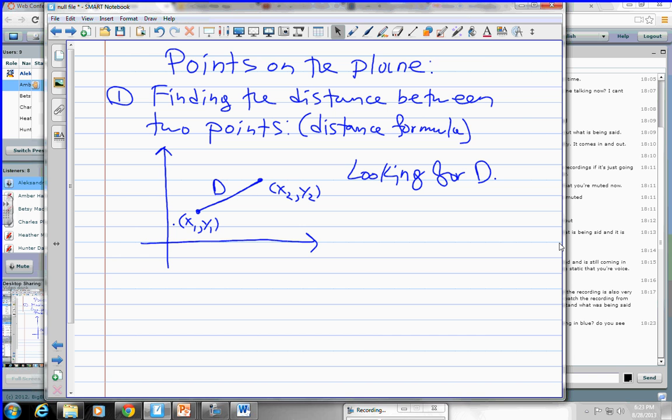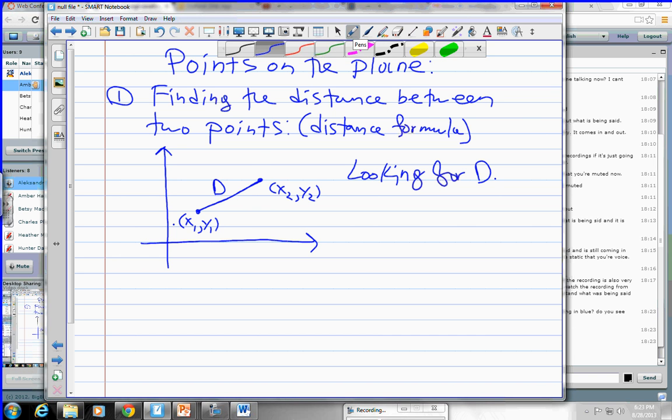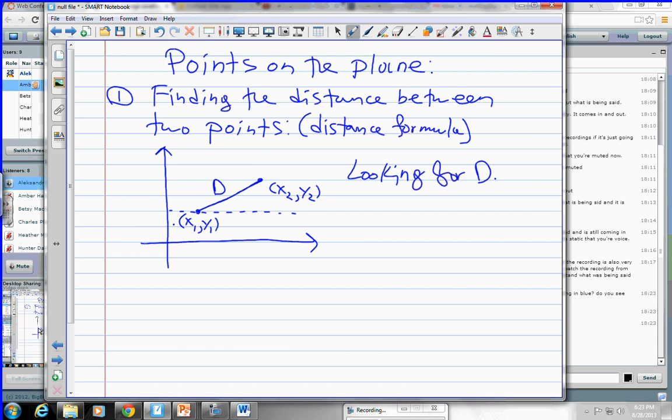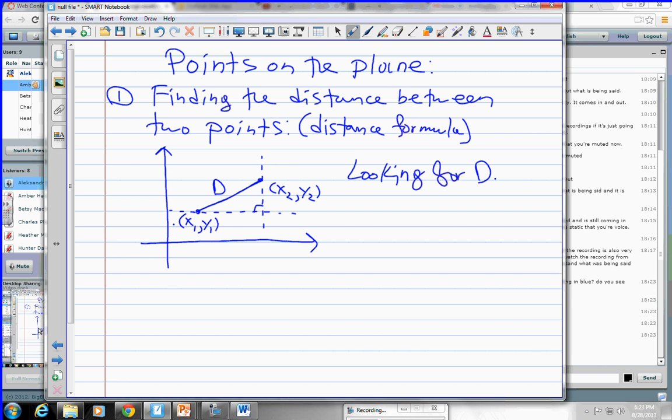We're going to utilize the Pythagorean theorem here because I can actually think of this as a little triangle, and it is a right triangle. We know the Pythagorean theorem states that if I take one side squared plus another side squared, I'll get the square of the hypotenuse. So all I need to know really is the length of this side and the length of that side.